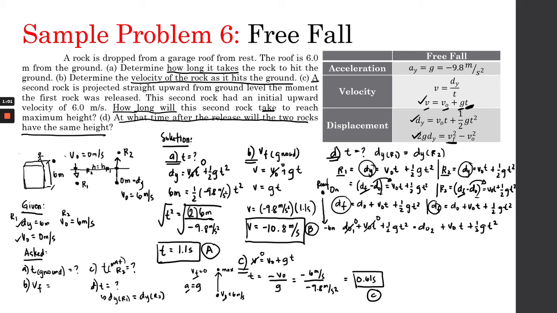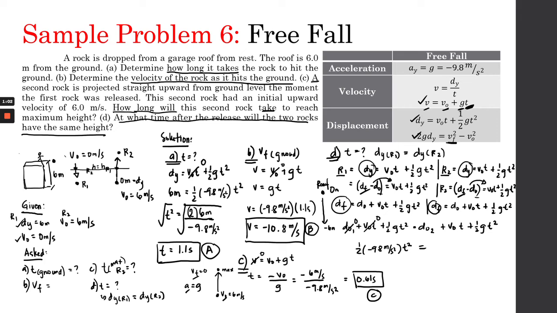So that left us with 1 half gt squared, or basically 1 half negative 9.8 meters per second squared t squared for rock 1.